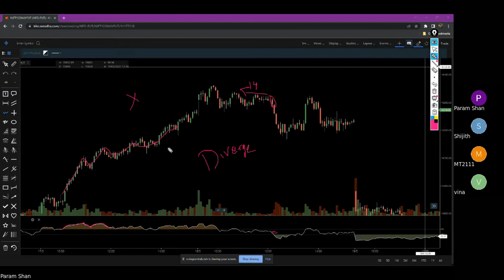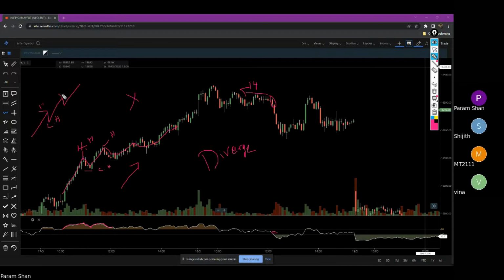Sometimes price will be going high by making, see, this is called a high. Since it is a continuing trend, this is called higher high, and this is called lower high.